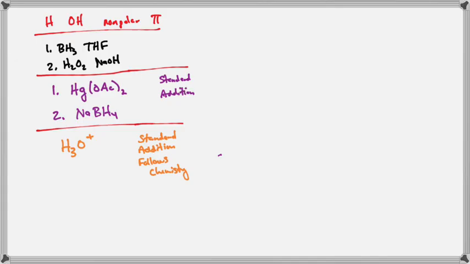If I drew a nonpolar pi bond and I drew something like this, and I want to add H and OH across the pi bond, what should immediately be a complication of this reaction? Because I add H and OH and I lose the pi bond, which means the H and the OH have to go to one of those two spots.